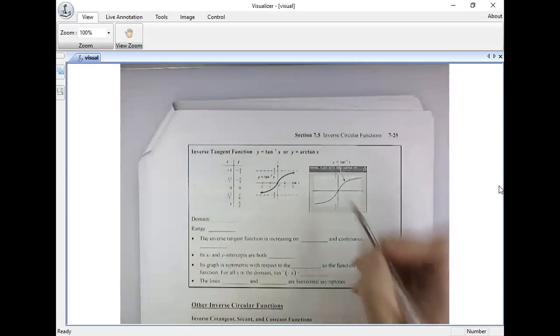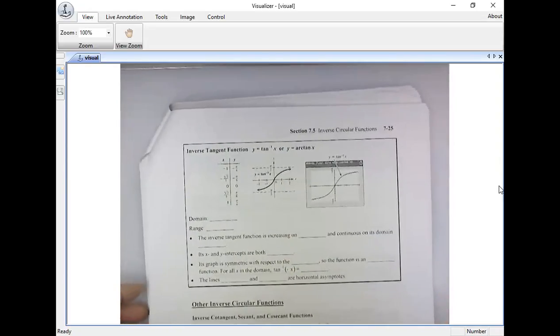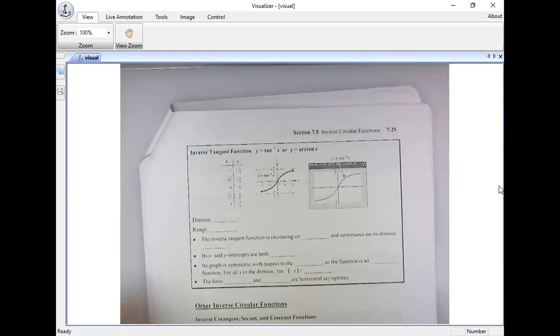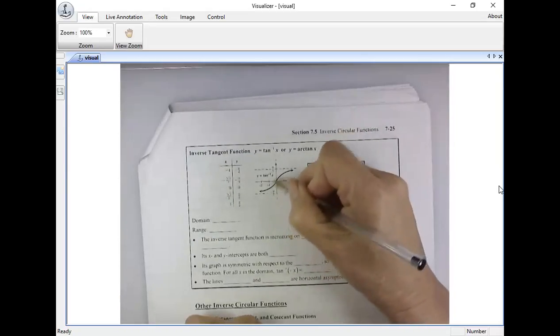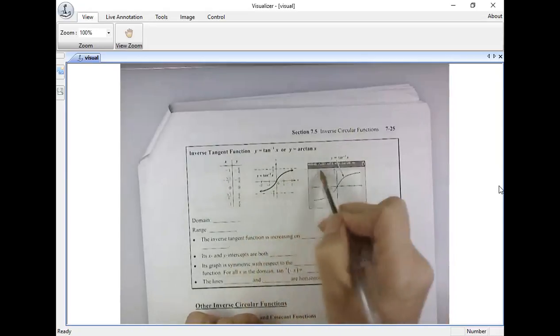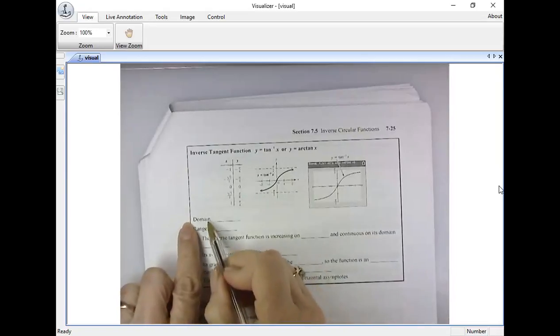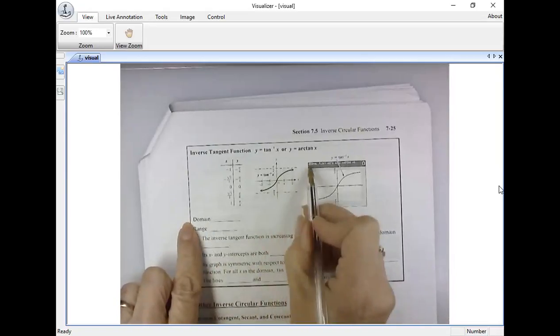Now, here's your graph. Well, we know that the tangent looks like this. When we switch the x's and y's, it does this, okay? Instead of an S-curve stretched out vertically, it makes it stretch out horizontally. So tell me again, that domain on this has got to be what?